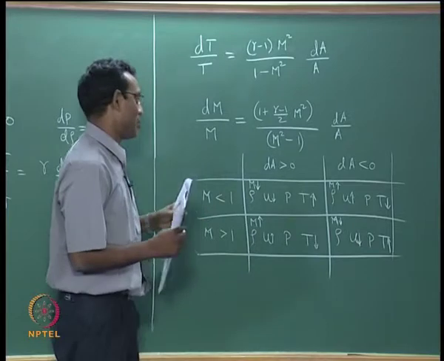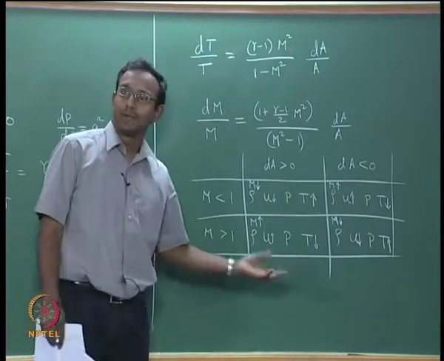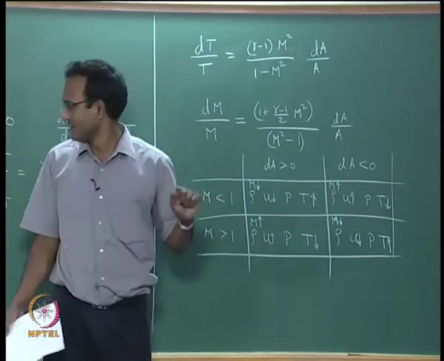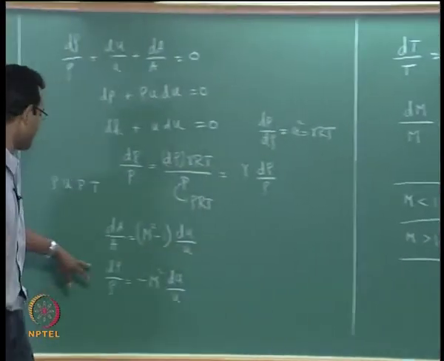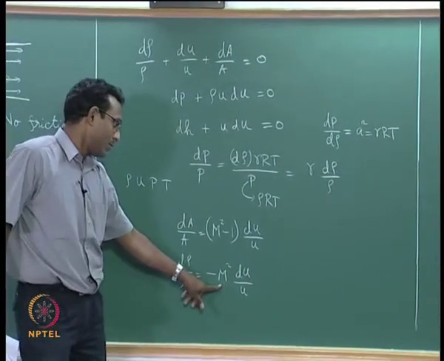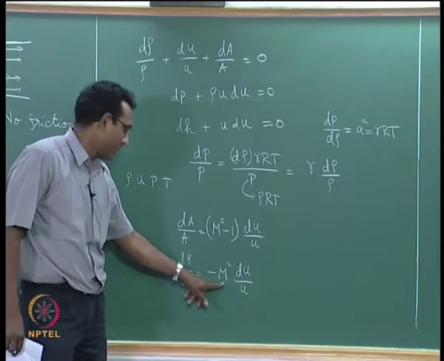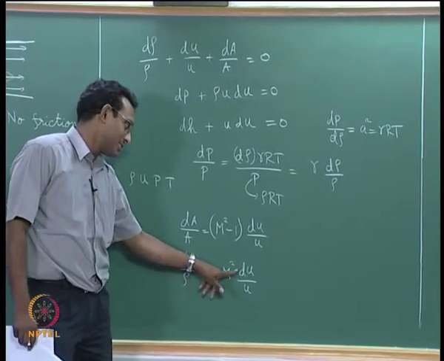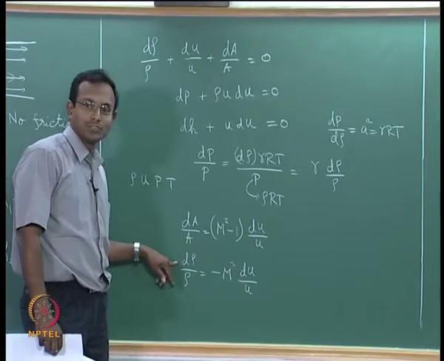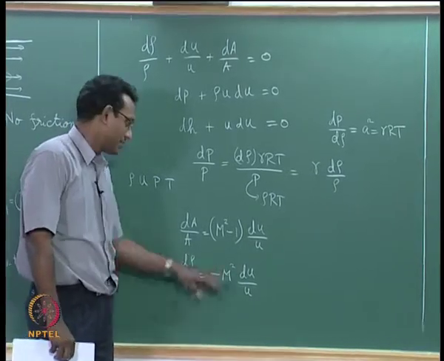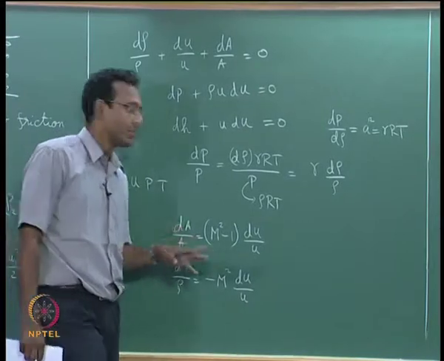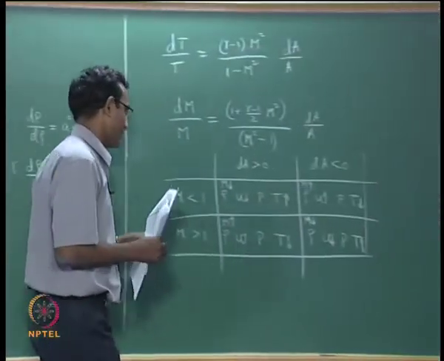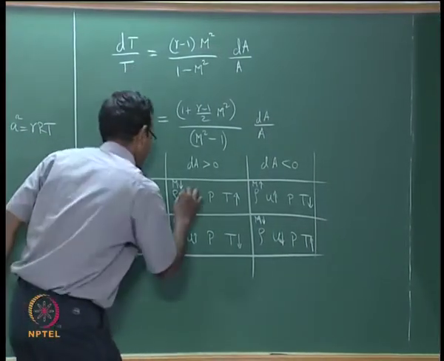Now, we can also show from the momentum equation, and in fact, we have already derived this, whatever be the Mach number, M square is always positive, which means if there is a velocity change, the density change will be opposite of that, because there is a minus sign. If this increases, this decreases. We can always tell that. If velocity increases, density decreases.